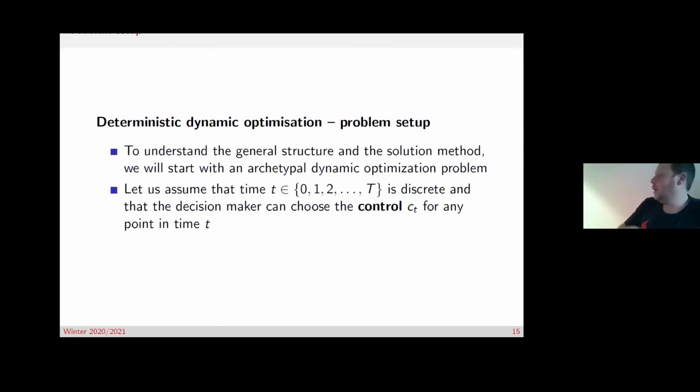At some point in time, you can turn the steering wheel to the right like a madman, and then the next period you can just turn it to the left like crazy. Whether this is optimal is obviously debatable, but you could do that, and the same is true here as well. You can choose your control at every point in time, no matter what the control in the previous period was. So there's no restriction on the control.